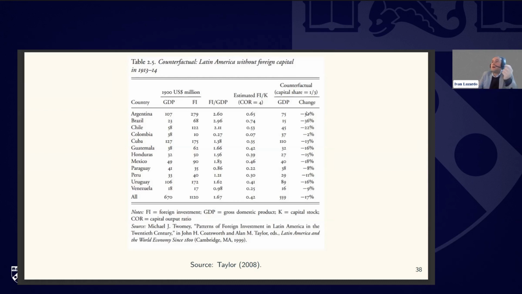So basically, what we can see here is that without foreign investment in the early 20th century, Argentina's GDP would be 30% lower. So it's a big number. This is basically a good way to summarize the impact of foreign investment on Latin American economies.